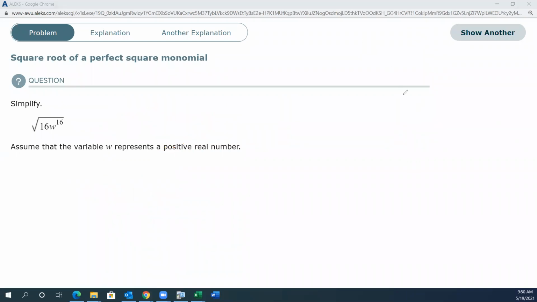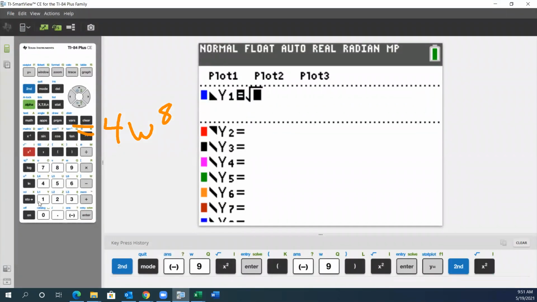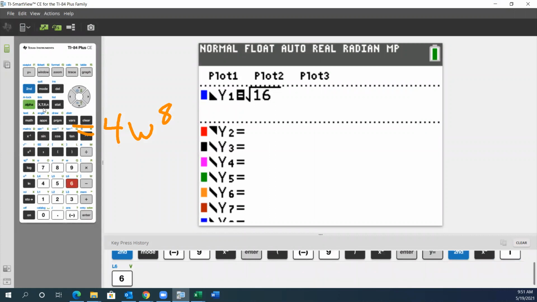Okay. So the square root of 16 is 4, and half of this 16 here is 8. And we can always check that on the calculator. We can plug in the original expression, plug in our final, and see if they match. So I'll go square root of 16 x to the 16th.